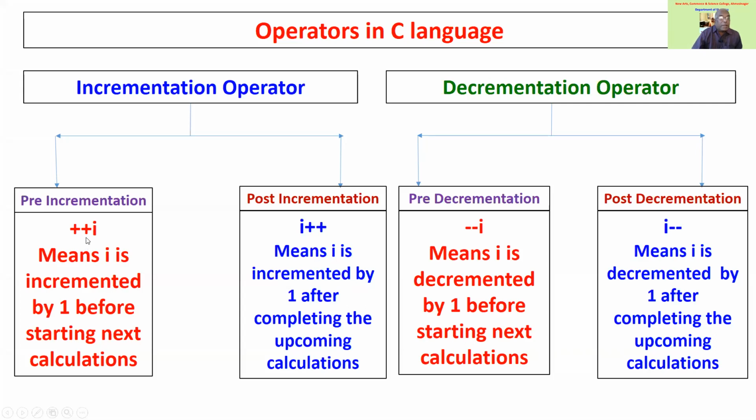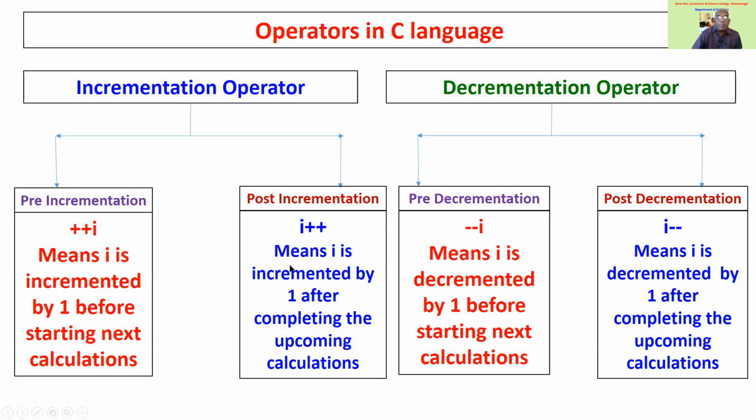See, plus plus I, pre-incrementation, means I is incremented by 1 before starting the next calculations. That is the meaning of pre. You have a set of calculations, but before starting them, you are incrementing the value of I by 1. That is called pre-incrementation. What is meant by post-incrementation?